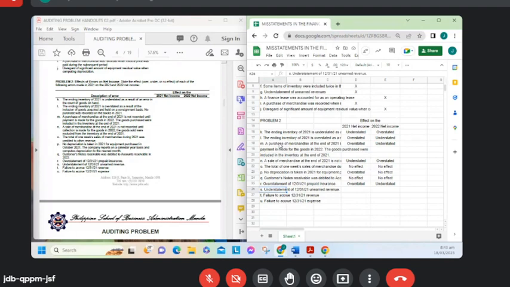Letter S, understatement of unearned revenue. Take note, this overstatement in prepaid expenses or understatement in unearned revenue is expected to be reversed in the succeeding period. Usually this will last for a year.